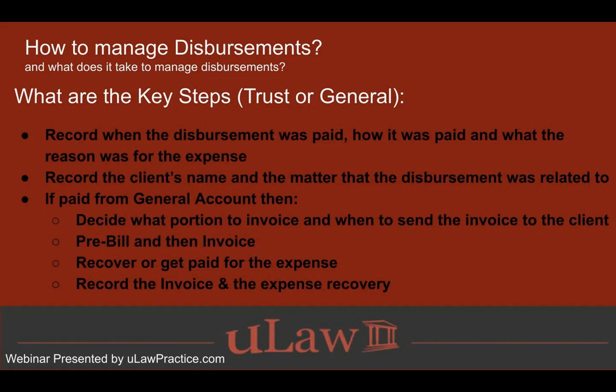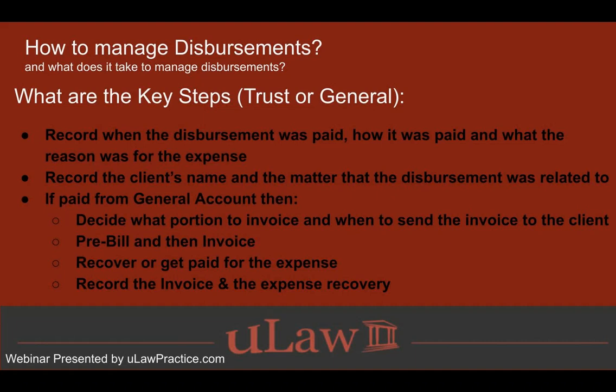Step number one, making sure that you are recording this transaction upon the disbursement being paid, as to how it was paid. We always recommend to follow your bank in this case, because there is no way you're able to make an error here.